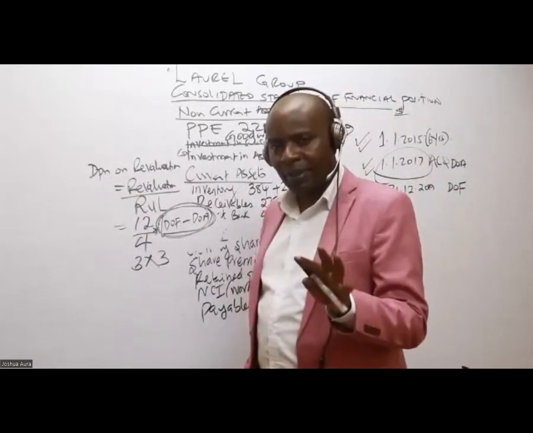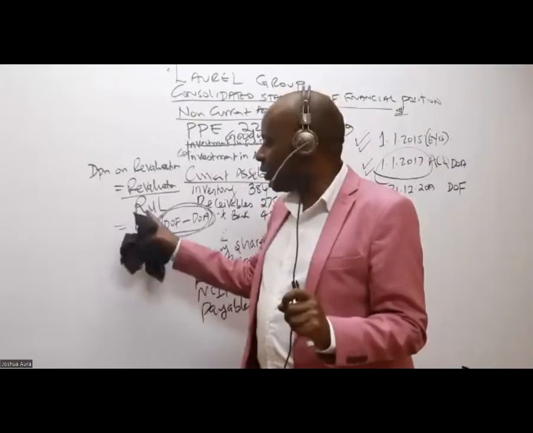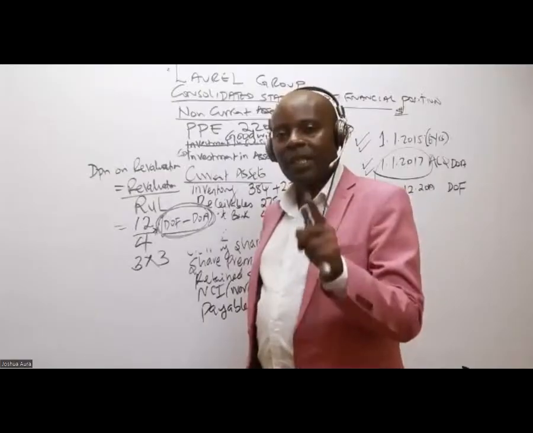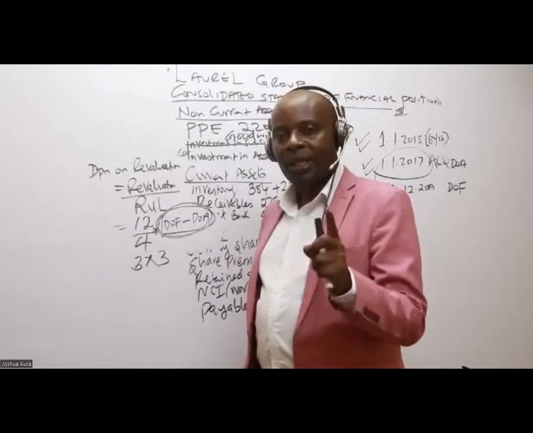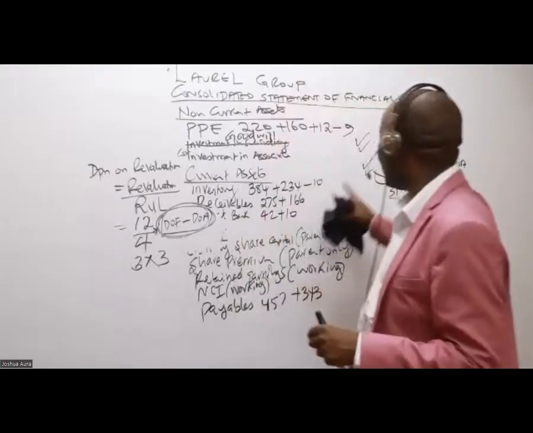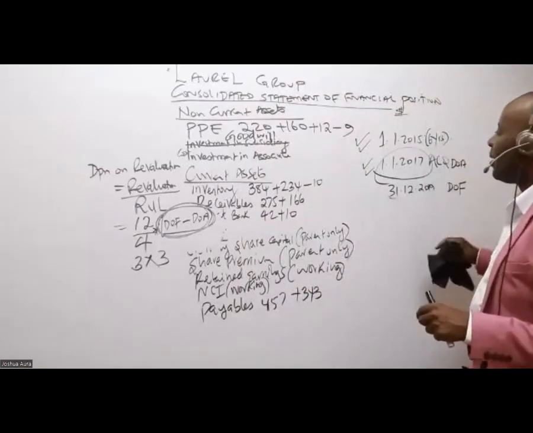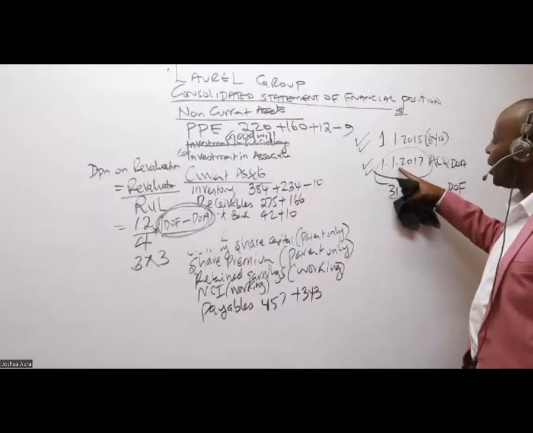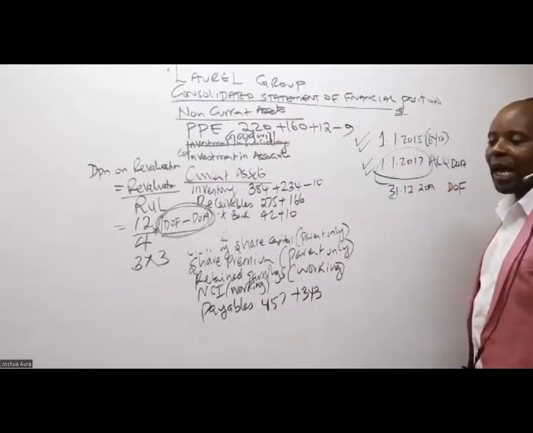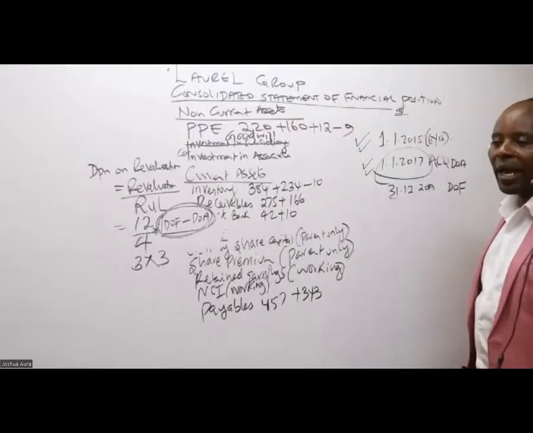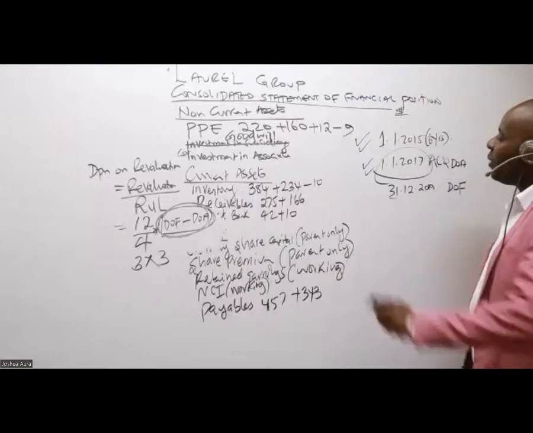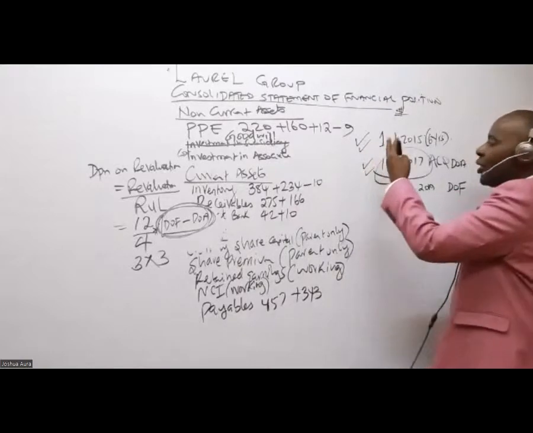It's not really a big thing, because when we talk of remaining useful life, this asset, when we bought it, it had 6 years. And we came and did the revaluation on 1st January 2017, when we were acquiring the subsidiary. So between here and here, how many years do we have?